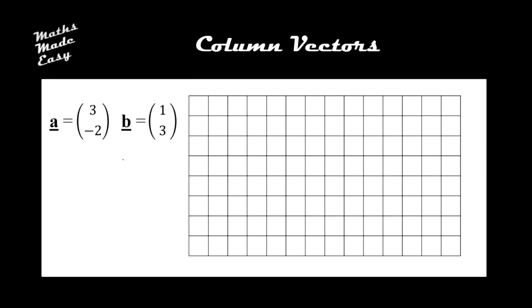Finally then, how do we add vectors together? So if I take a new vector here with 1, 3, I draw my original vector, there's vector A, and here's my vector B, so that's 1 right, then 3 up. If I were to add them together, what I do is I do vector A first, and then I do vector B from wherever I finished vector A. So I need to move this vector to the end. So vector A, and then wherever I get to, I do vector B, and then I finish here.